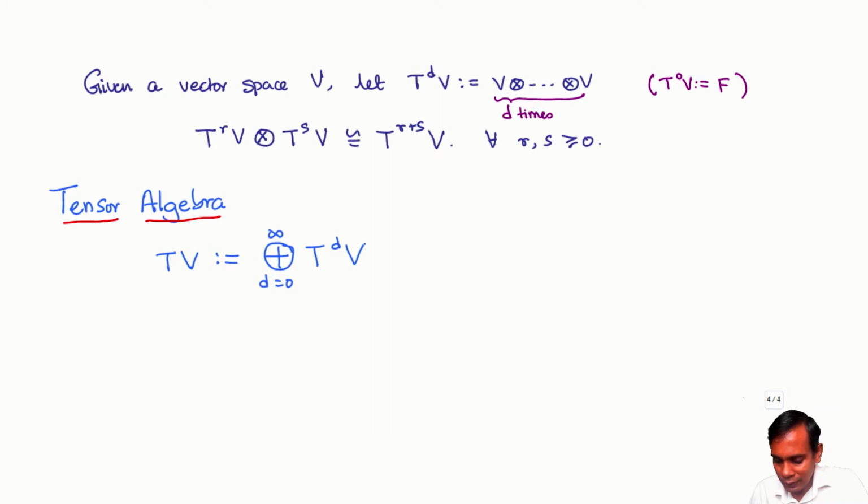And how is product defined? So product is defined by linearly extending the map on graded pieces.